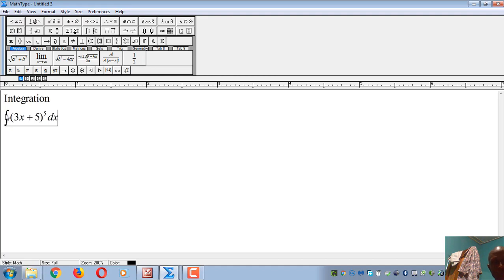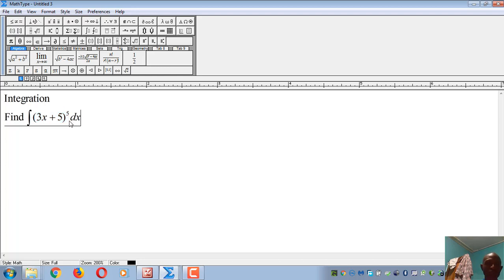We are asked to find the integral of that with respect to x. The alternative is to use the binomial expansion, but expanding it takes a long time.